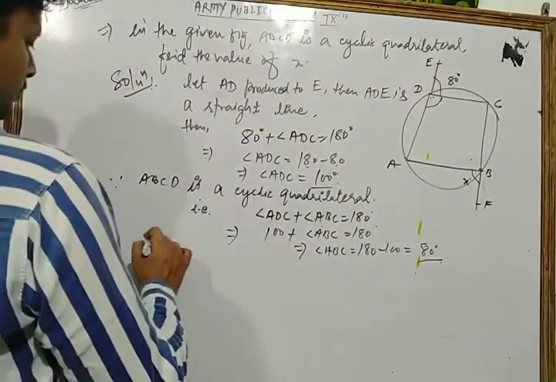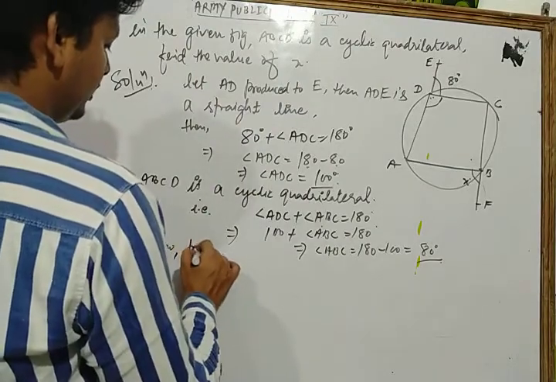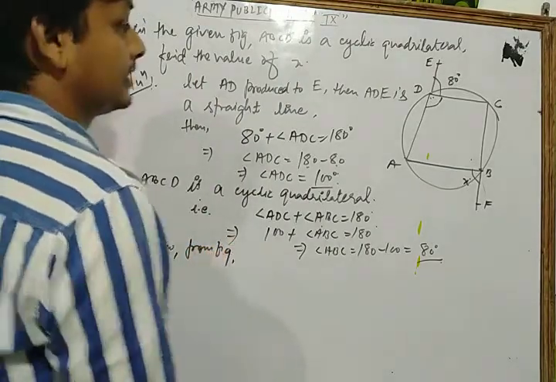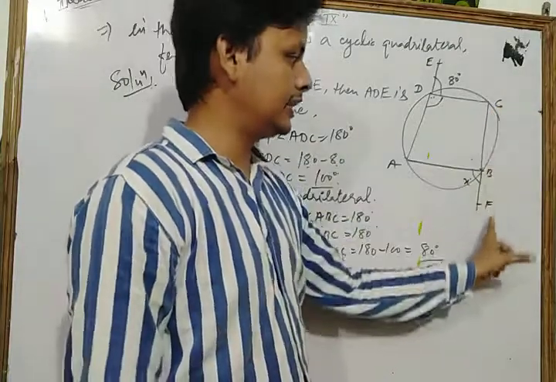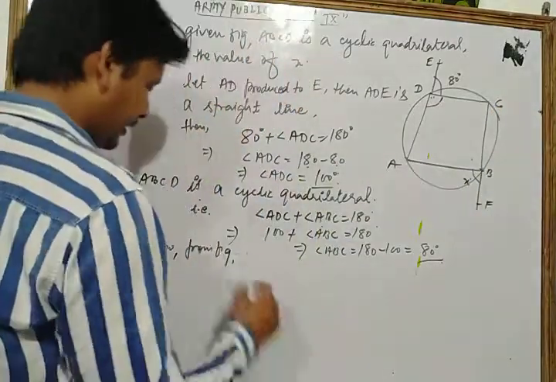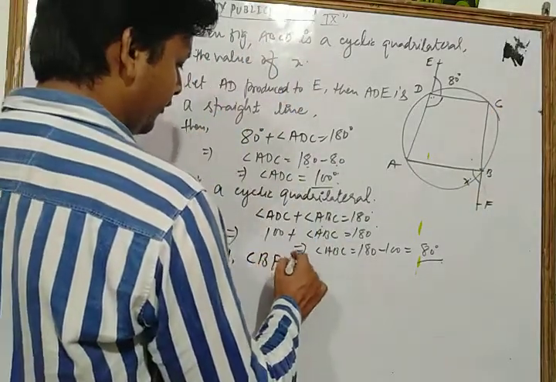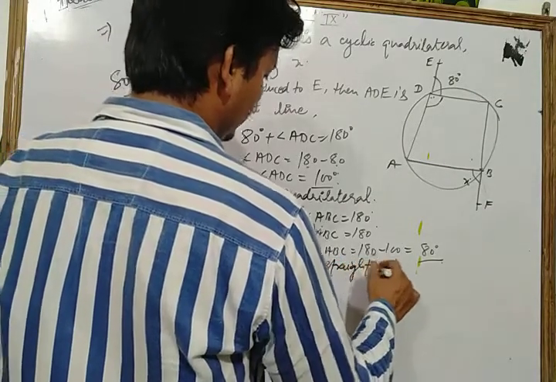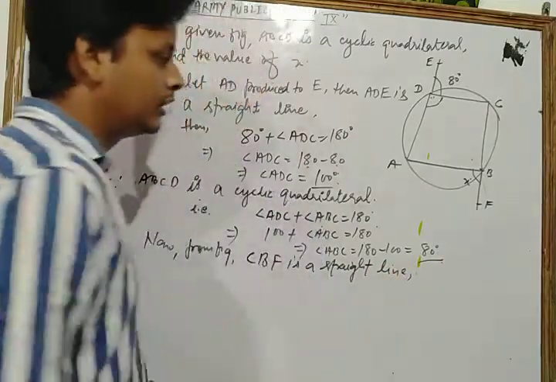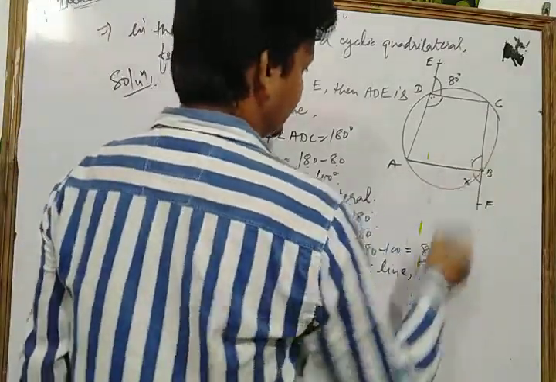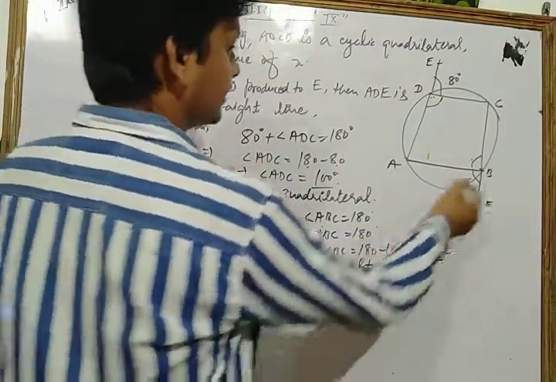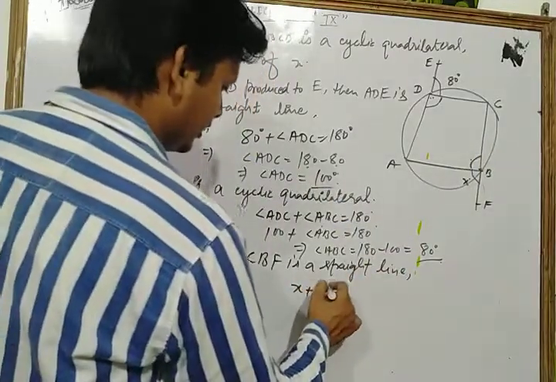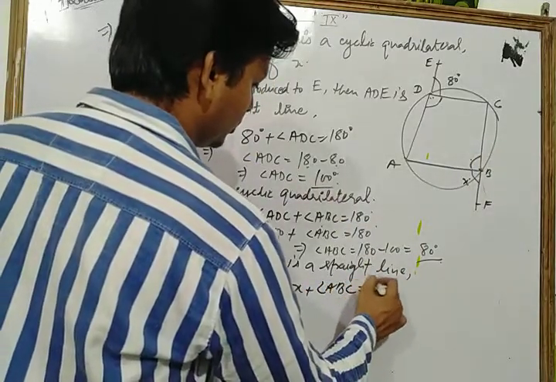Now from the figure, CBF is a straight line, and the sum of their measure, that is angle X plus angle ABC, is equal to 180.